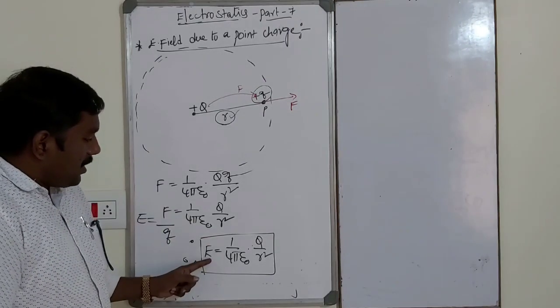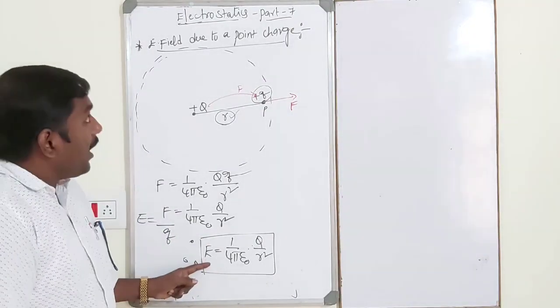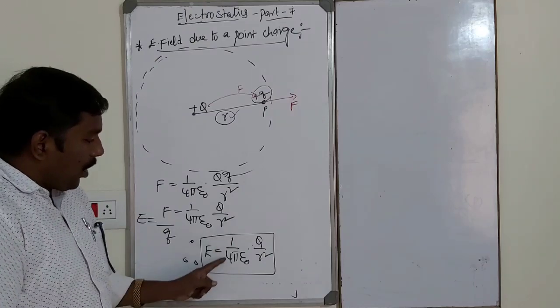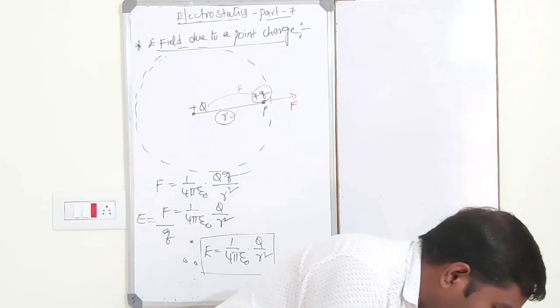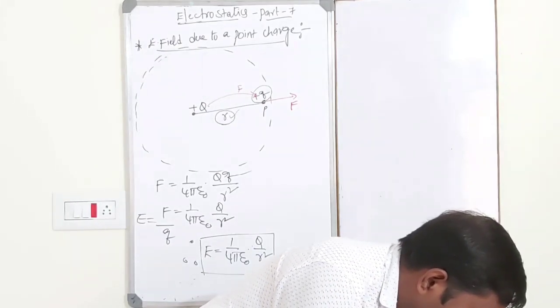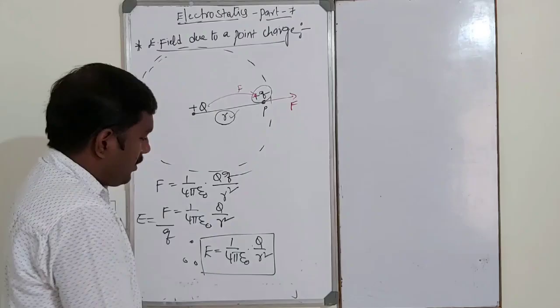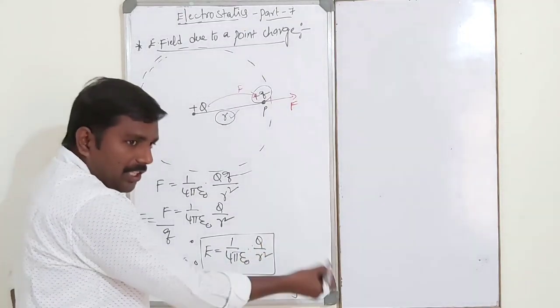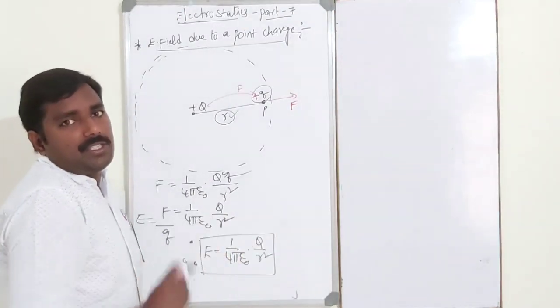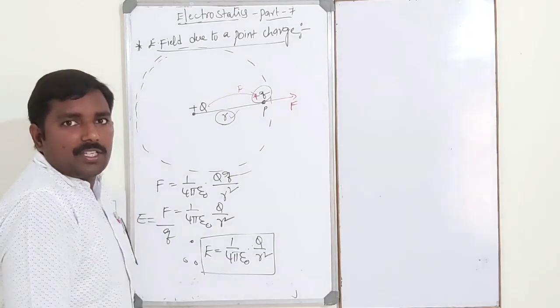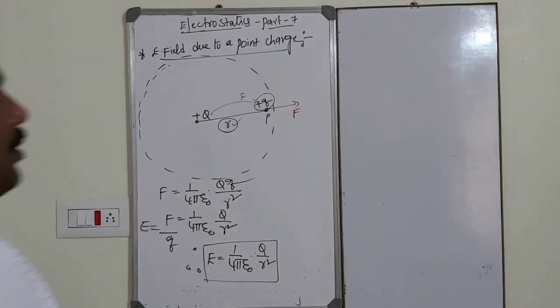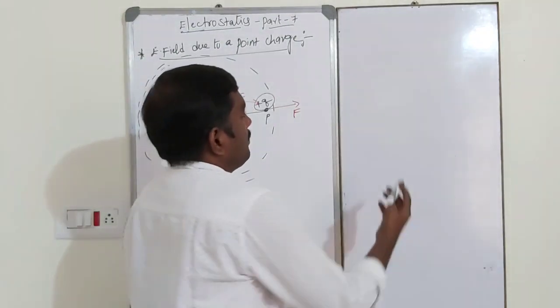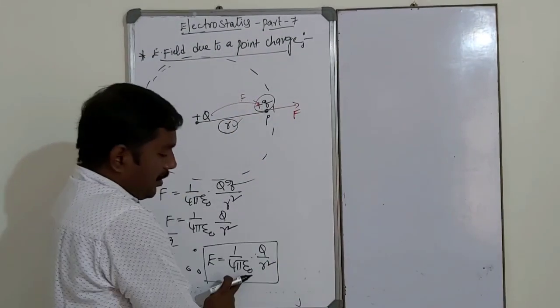Okay, students. This is the electric field due to a point charge. E is equal to 1 over 4 pi epsilon naught Q by R square. So, dear students, see, when distance changes, the electric field also changes.